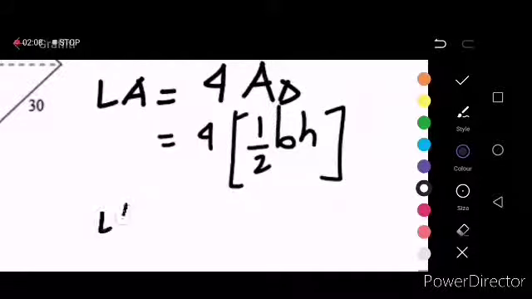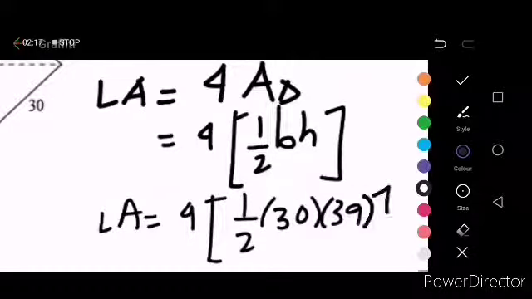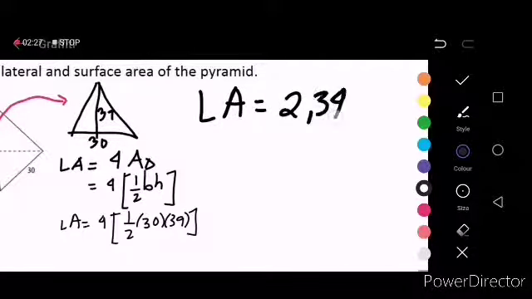And the lateral area now is just equal to 4 times 1/2 base, which is 30, times 39, which is the height. So the lateral area now of this pyramid is equal to what? Yes, 2,340 square units.